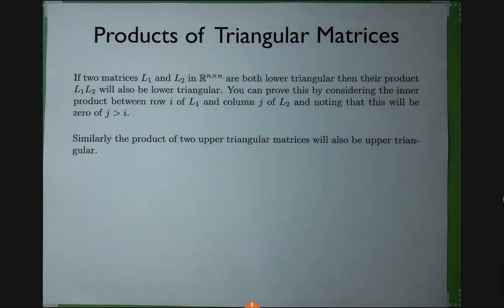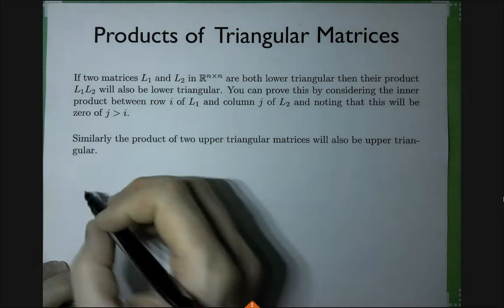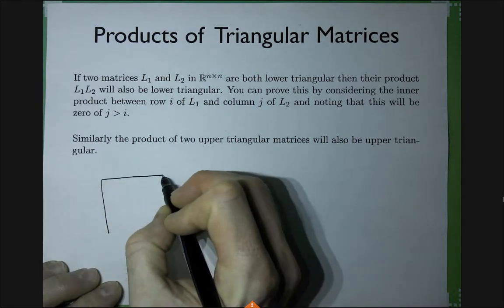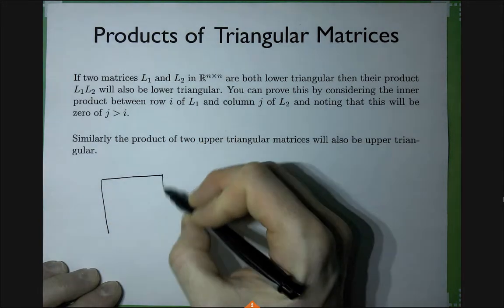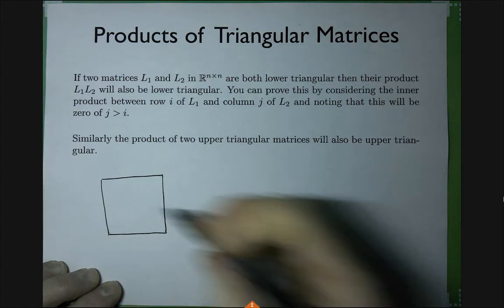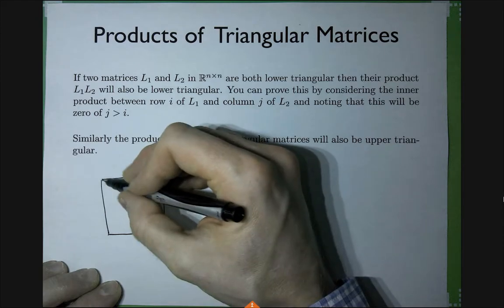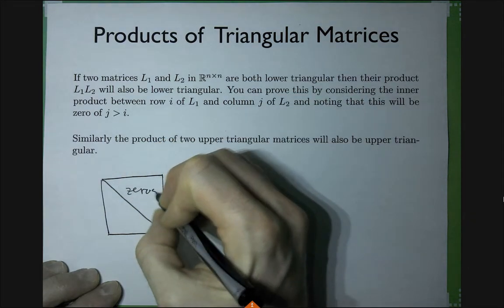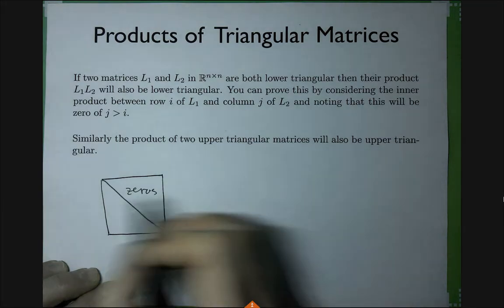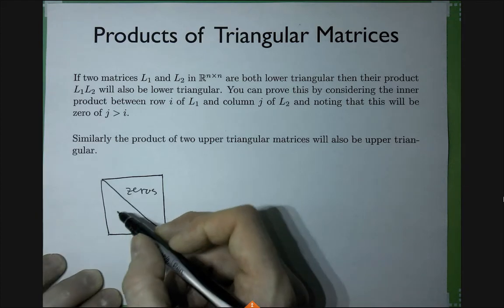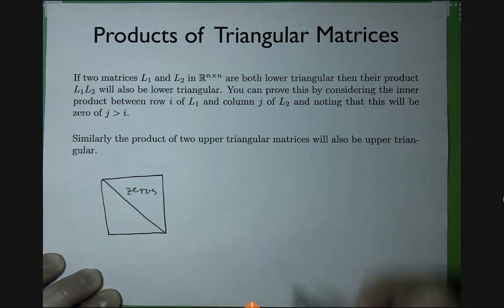I have a graphical proof for you, because after all, I'm a graphics guy. So here is a graphical proof. We are talking about square matrices, n by n, right? Here is one matrix, and it's lower triangular, so there are zeros here. Absolutely guaranteed zeros here. On the left of the diagonal, there can be zeros or non-zeros; there's something, I don't really know what it is.